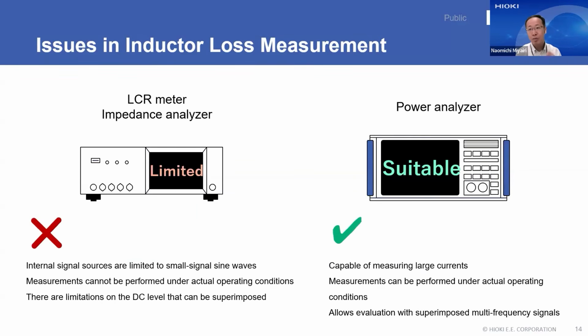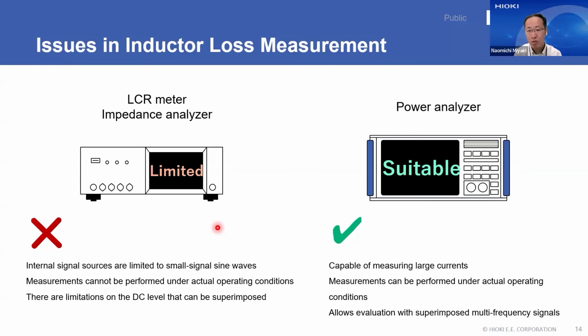Another challenge pertains to the test setup you use. Inductance of electronic components is typically measured using an LCR meter or impedance analyzers. However, due to its measurement principle, only small signals can be applied, which limits the voltage and the current levels that can be used. As a result, when attempting to measure under conditions close to actual operation, like large currents, high voltages, or DC bias, the input circuit can saturate.